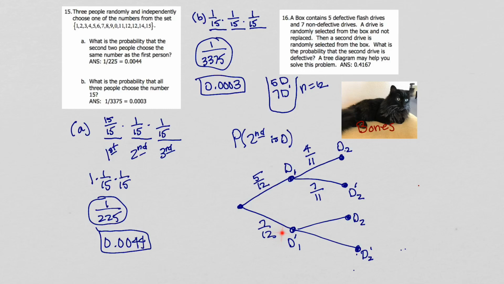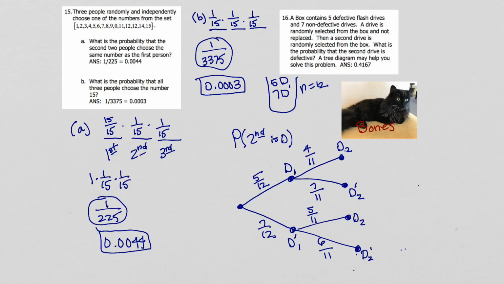We removed a non-defective, so there's only 11 left. And since we removed a non-defective, there's still 5 defectives left. And then down here, there's only 11 flash drives to choose from, and we want a non-defective here. But what happened is this: we got a non-defective on the first, and we tossed it out. So out of the 7 to begin with, we tossed one out, so there's only 6.